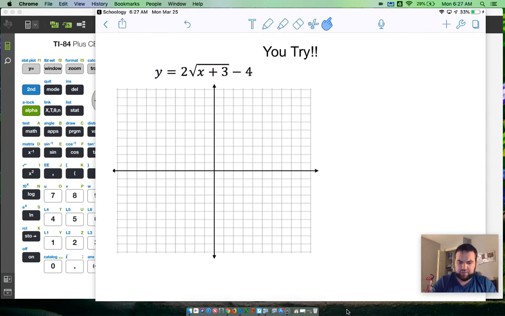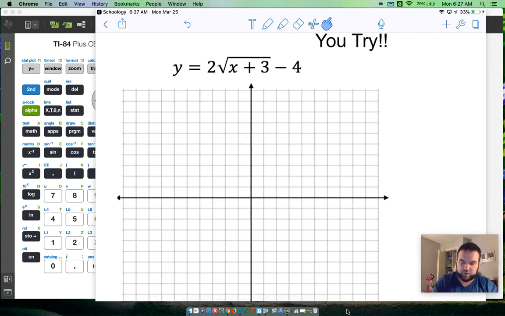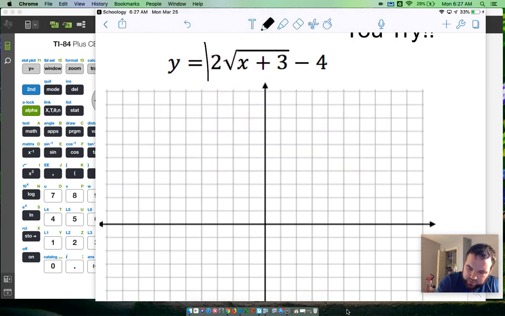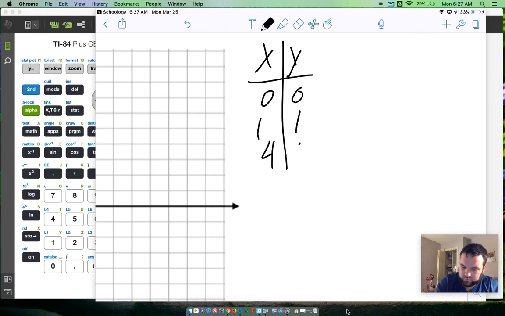The other way to graph it that I really like to do is, again, I'm going to ignore the translations for the time being. So I'm going to focus just on the 2 times the square root of x. Okay, so what I'm going to do is start with 0, 0, 1, 1, and 4, 2.